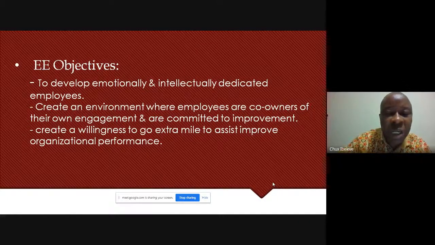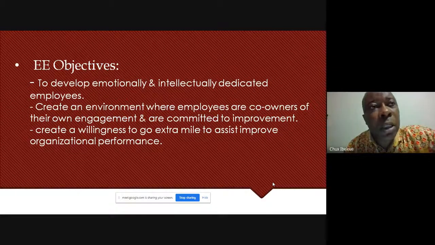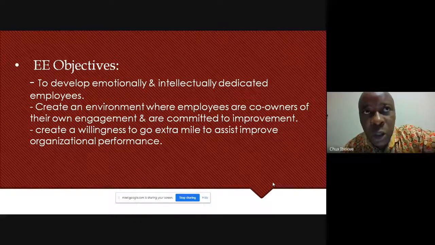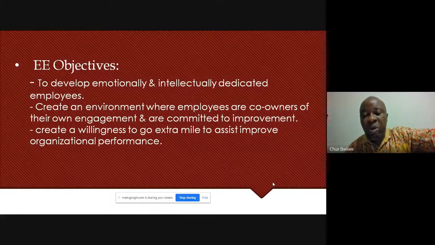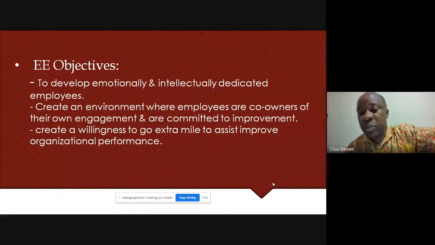Organizational customers become the beneficiaries because of innovation, because of reduced cost of production. The quality of products customers enjoy from the organization will be high. It will lead to reduced cost of production, which in turn leads to reduced price.